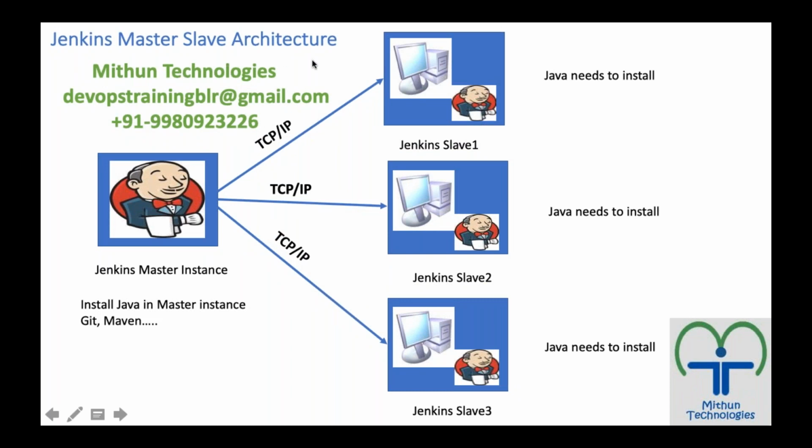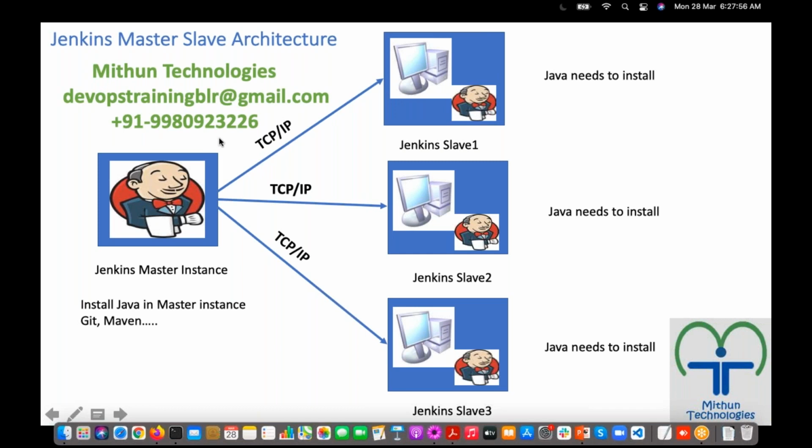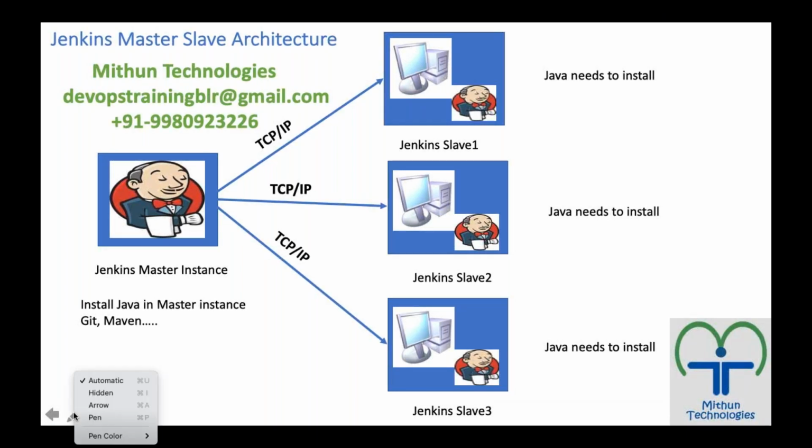master slave architecture. Why do we need to implement this master slave architecture? See, assume in this master instance I have hundreds of jobs.